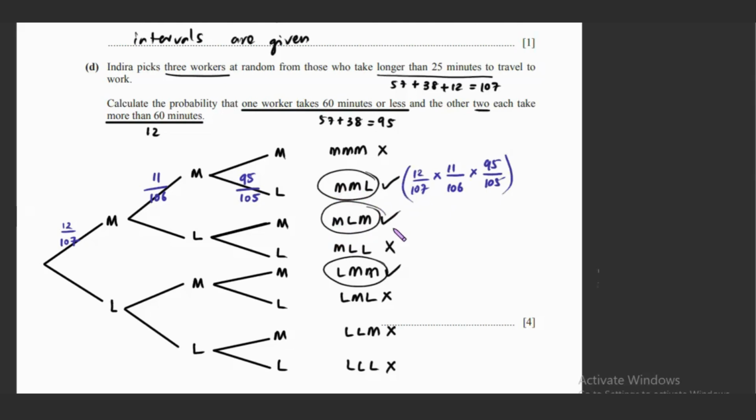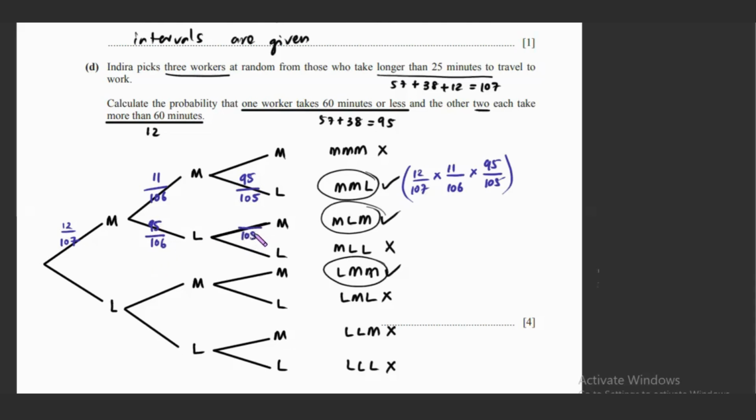Next one is MLM. So M we already know that's going to be 12 out of 107. Next we are going to find for L. So already one worker is picked. So there are 106 workers left. Out of them, those who take less than 60 minutes or 60 minutes will be 95. So it's going to be 95 out of 106. Next, it's going to be more.